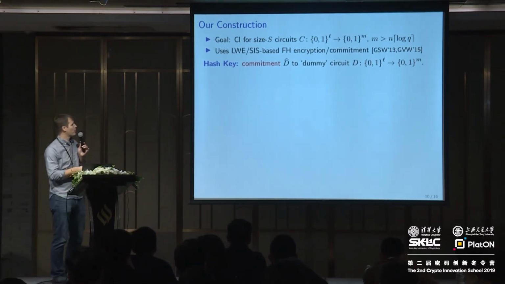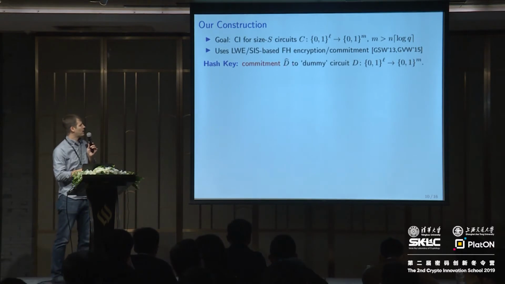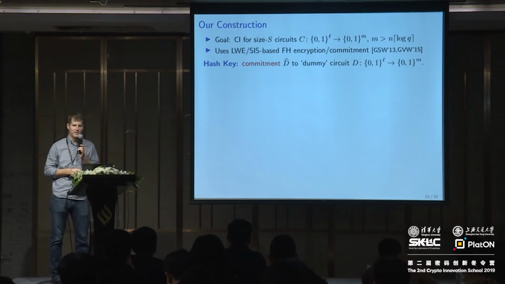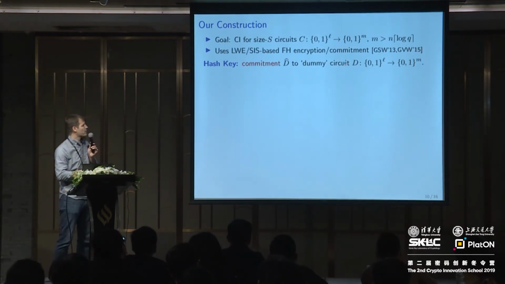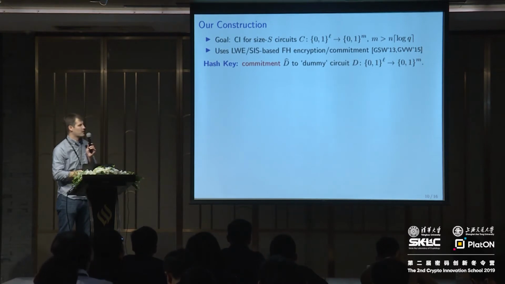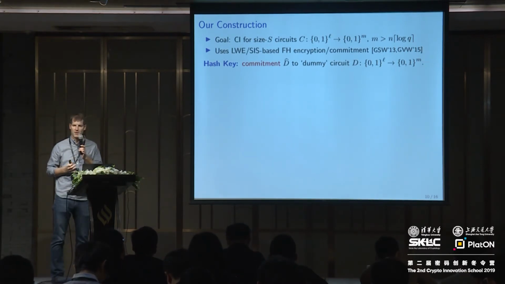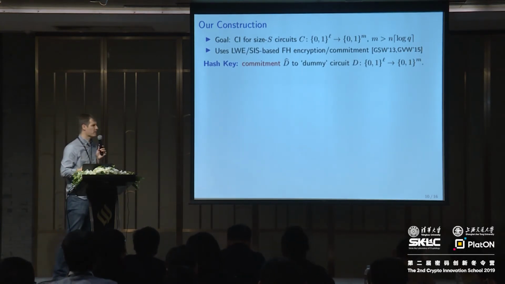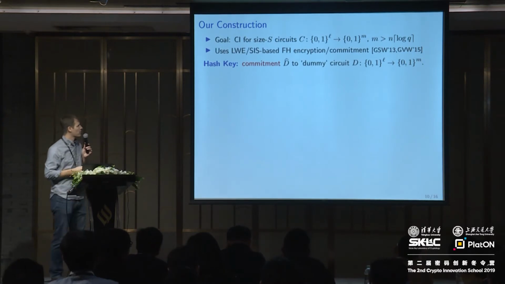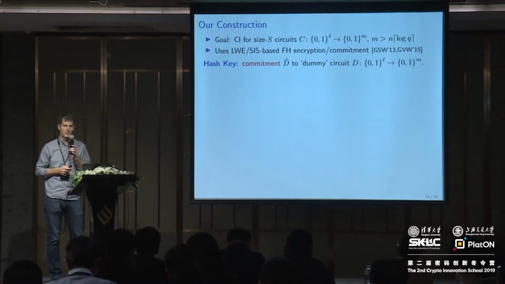It's going to be a fully homomorphic commitment. I'll call that D hat. The hat indicates that this is a commitment to D. And D is just a dummy circuit. This is a circuit from L bits to M bits, and the circuit doesn't have to do anything in particular. It's just some size S circuit that doesn't do anything interesting. So we commit to such a circuit, and that is the key to our hash function.